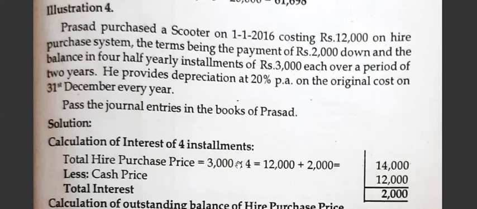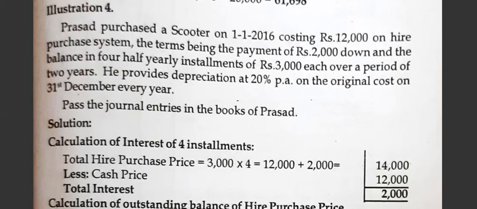Less cash price. Cash price you have to deduct, so cash price is 12,000. So the remaining is total interest. Now we know the total interest for 2 years, it is 2,000 rupees.